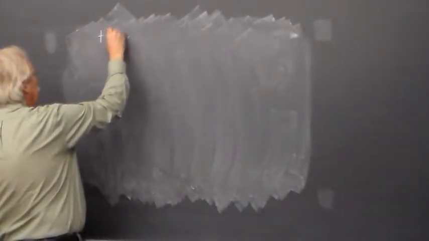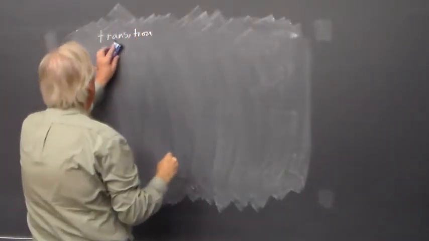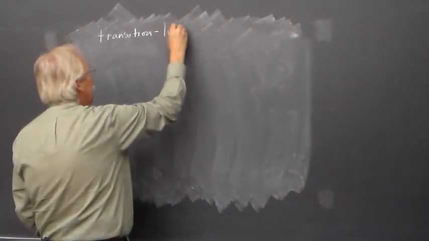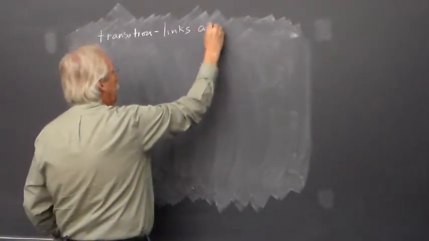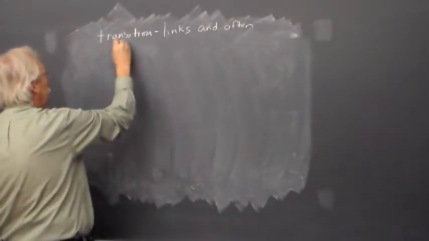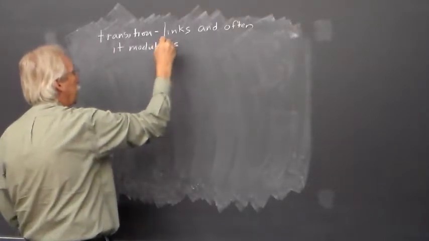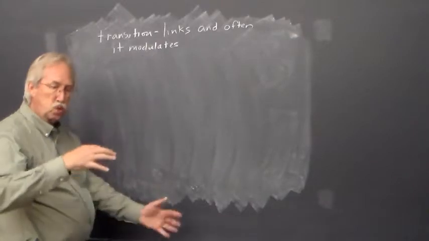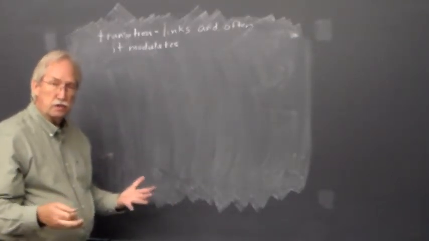A transition is a connecting passage, and often it modulates, so it links and modulates. You'll find transitions between parts in a song form.